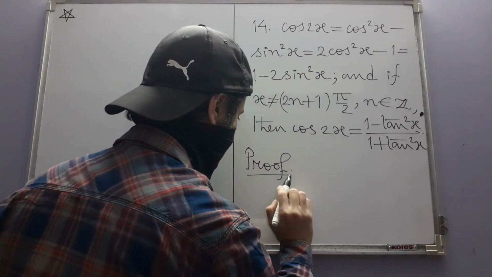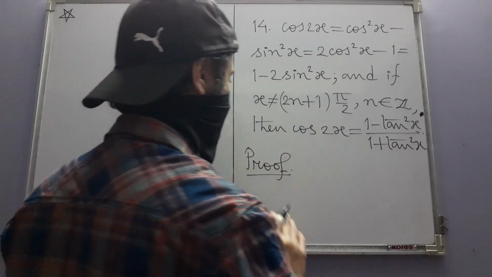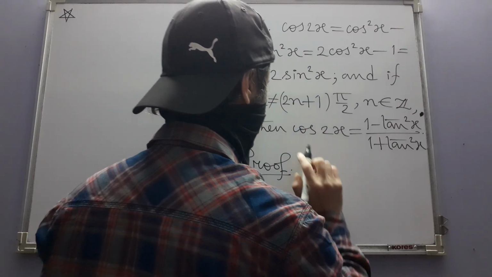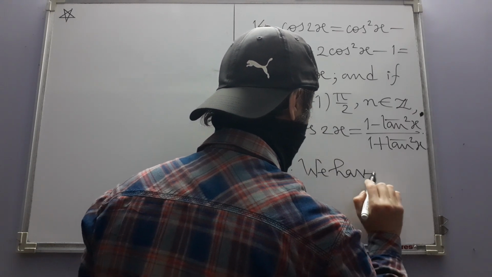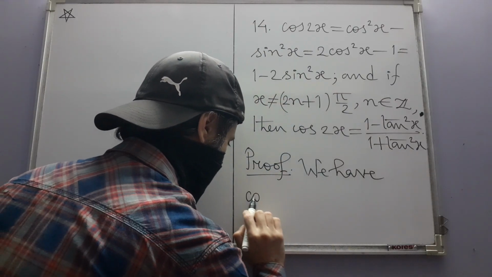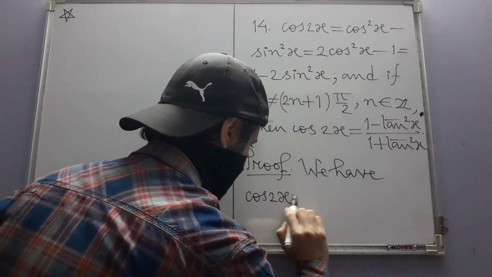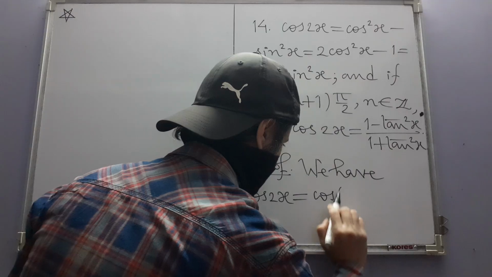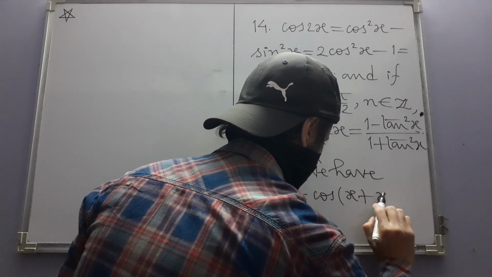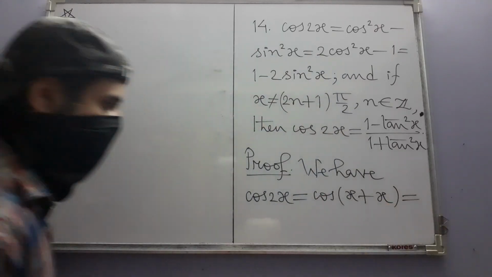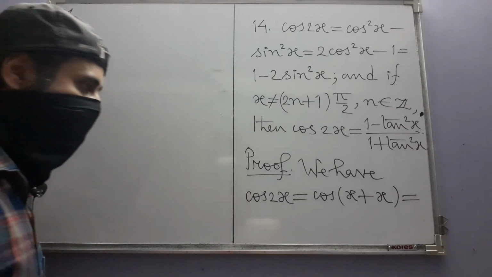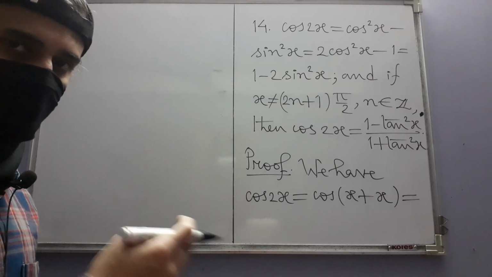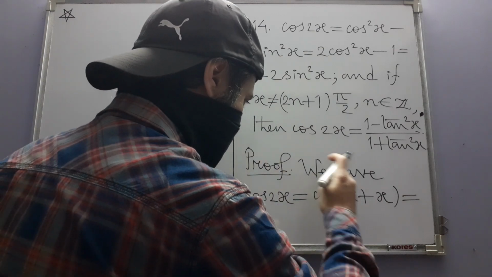For the proof, we have to again use the addition formula for cosine. We have cos 2x is cos x plus x. So if you use the ordinary sum formula, what are you going to get? Again cos, so like terms, cos x, cos x.